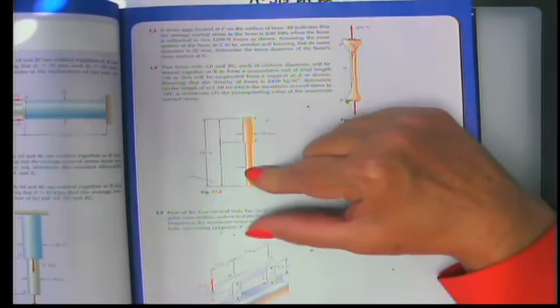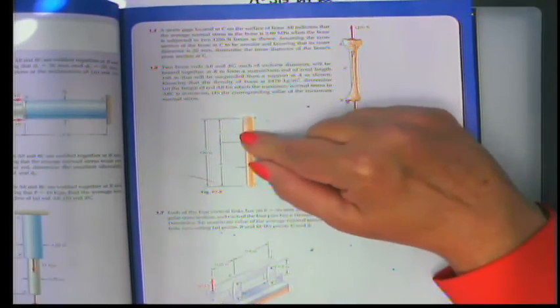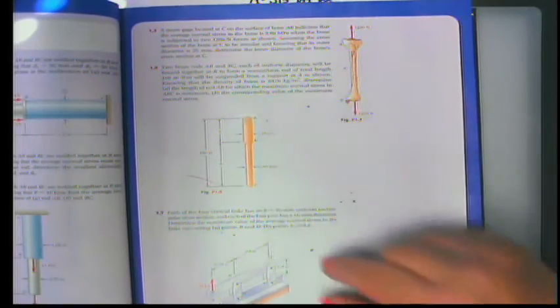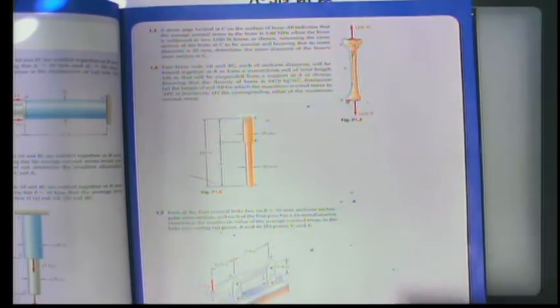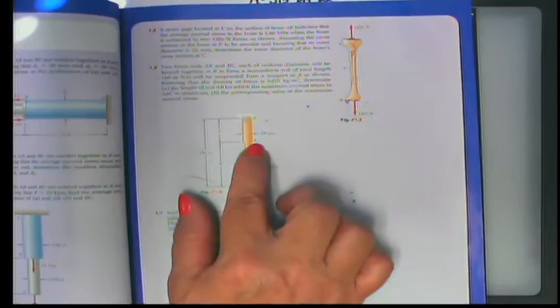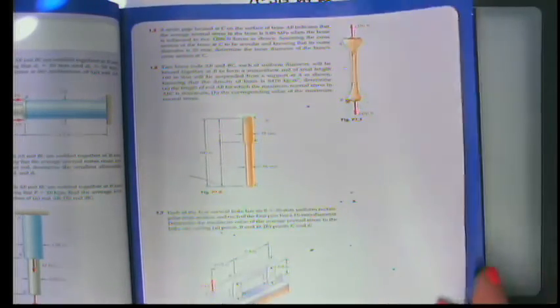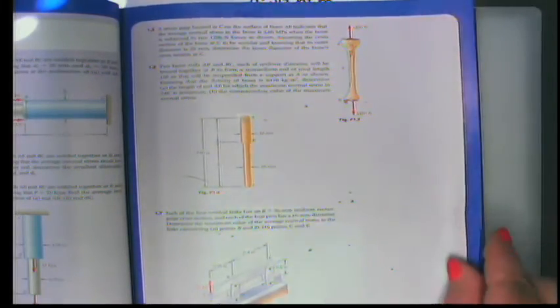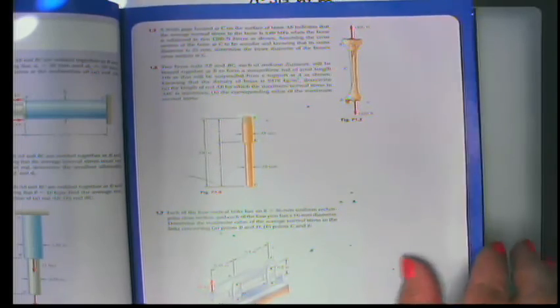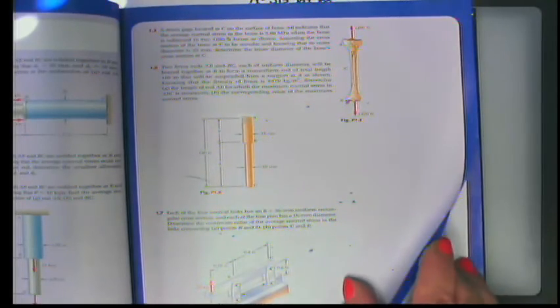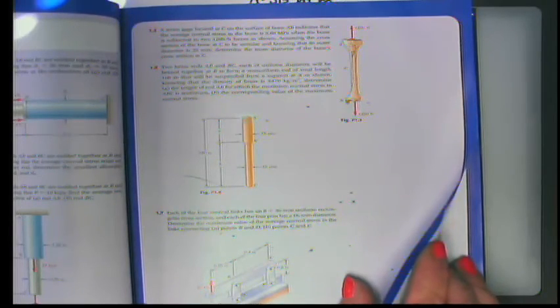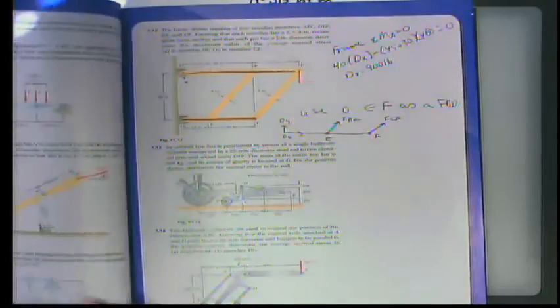You need to figure out the volumes, which would be the area of the cylinder times the length of each of these, to find out what the mass is going to be. Then you would multiply mass by 9.81 to get the newtons, or the weight, because it's hanging under its own weight. Okay, so once again, you're still using the same equations, P over A, area of a cylinder and so forth, but there's a little bit more involved. When you get to the math, it's not going to be very difficult at all.